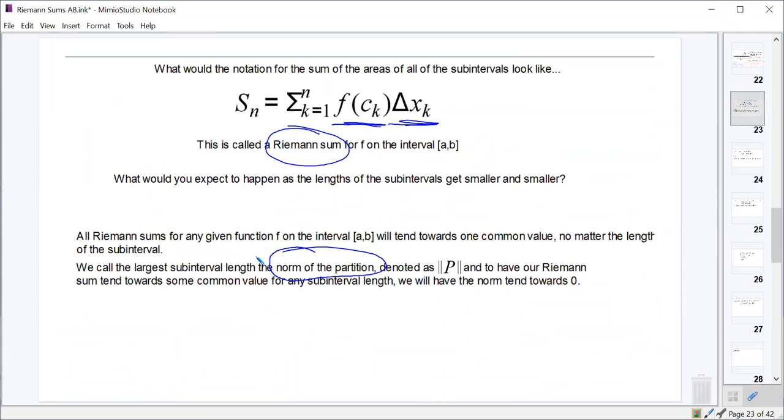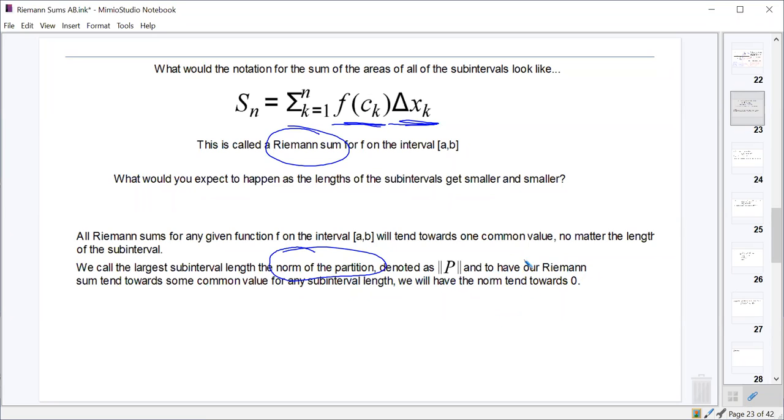So the largest subinterval is called the norm of the partition, and we want to make that get as small as possible. We want to get it as close to 0 as we possibly could. And so the problem is, how do we make it equal 0 or get very, very close to 0 without it actually being 0?